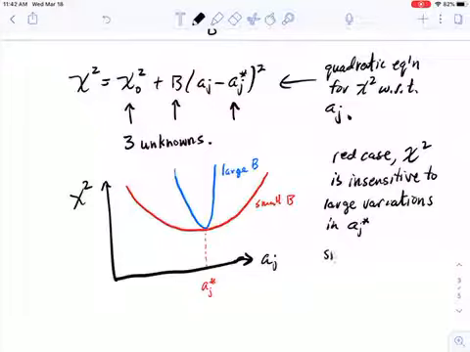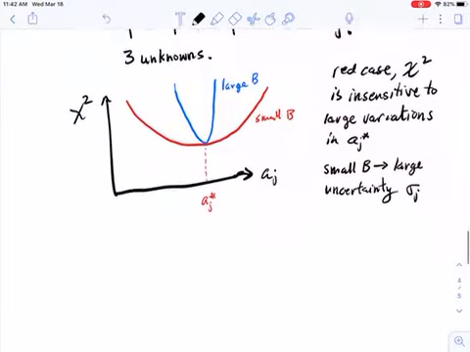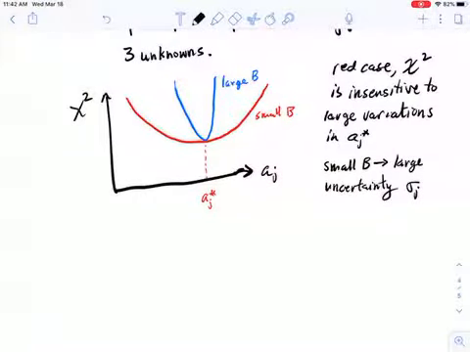So we say small b corresponds to large uncertainty, say sigma j. Okay, obviously the blue case is the opposite.